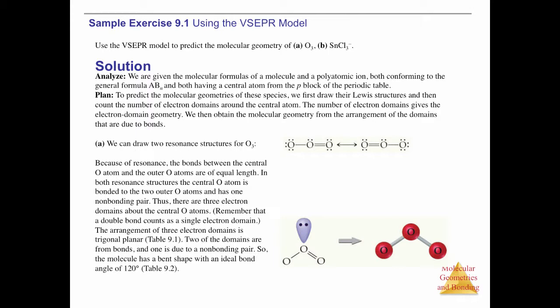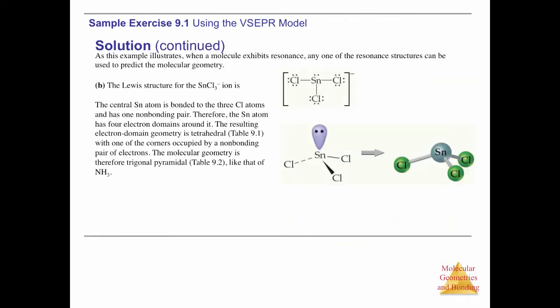Remember that a double bond counts as a single electron domain. The arrangement of 3 electron domains is trigonal planar. 2 of the domains are from bonds, and 1 is due to a non-bonding pair, so the molecule has a bent shape with an ideal bond angle of 120 degrees.